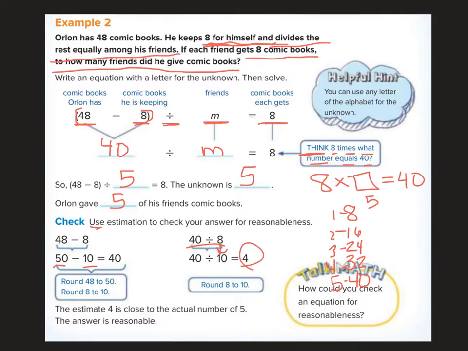So is 4 close to 5? Yes, it is. Or you could say, I know that if I have 40 and I divide it by 5, I'm going to get 8, right? So let's go to another problem.